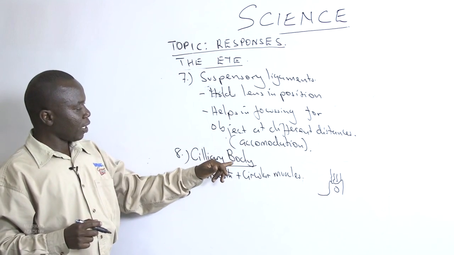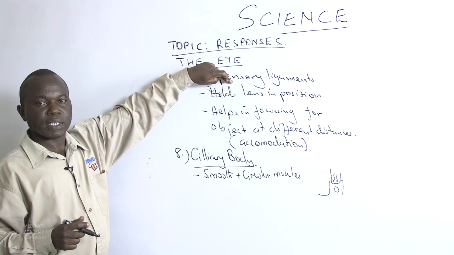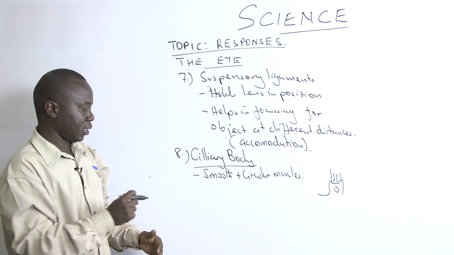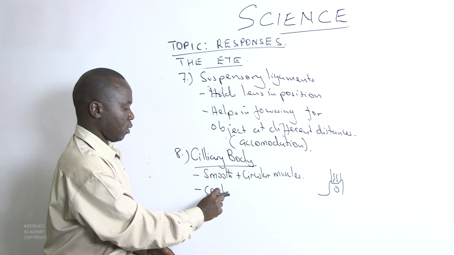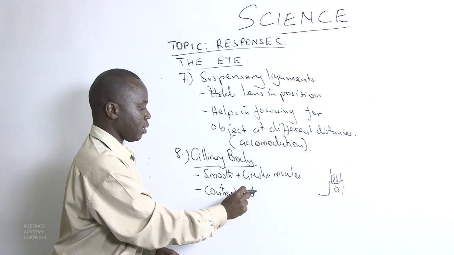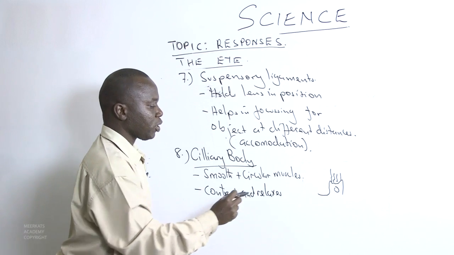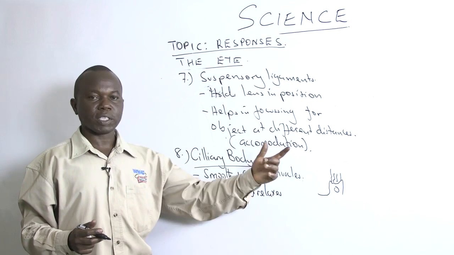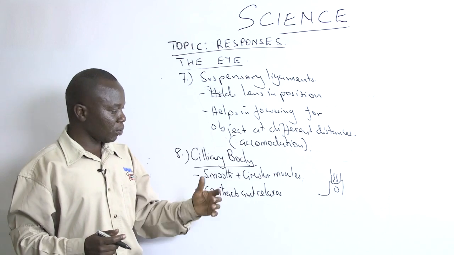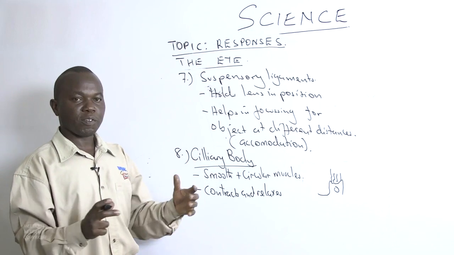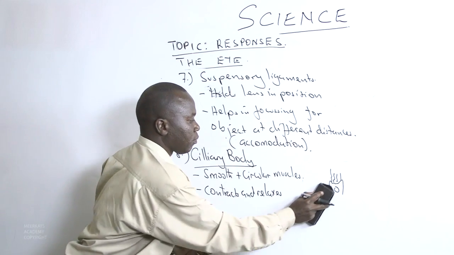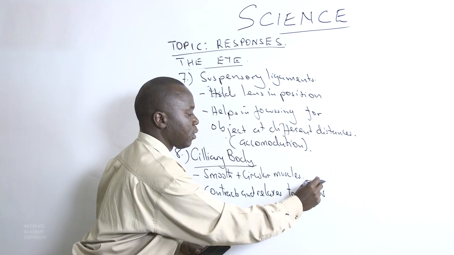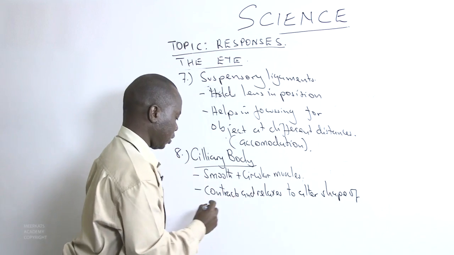The role of ciliary muscles is involved in the same process as that of the suspensory ligament. It will contract and relax. When it contracts and relaxes, it will transmit those contractions and relaxations to the suspensory ligaments, and in the process it will alter the shape of the lens.